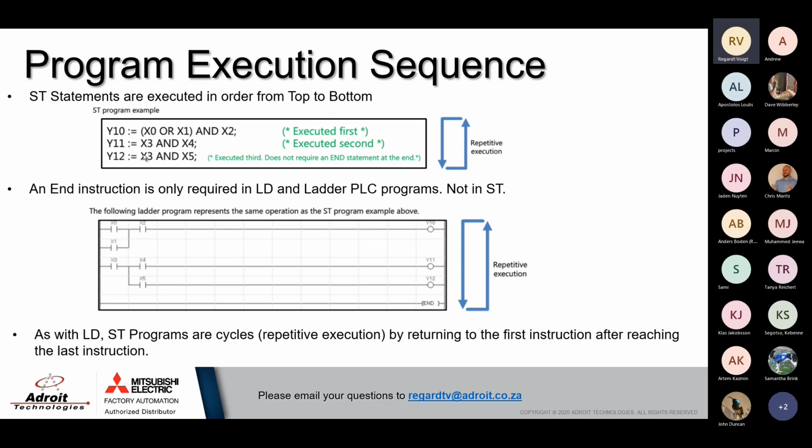Okay. Not only the execution order, but if you look at the logic here, these programs are equivalent as well. It is easy to see why the ladder is easier for troubleshooting in this case. Okay, because of, like I said, the low-level PLC programming language, which means it's more visual. So simulation is visualized.